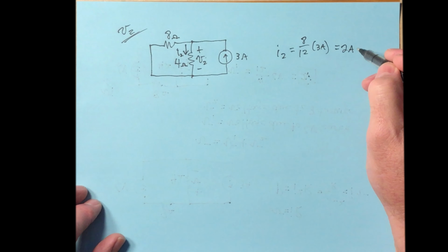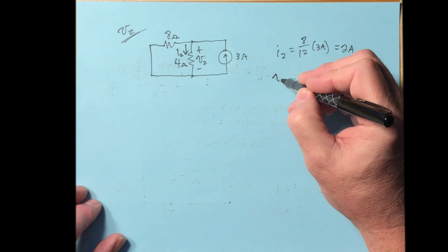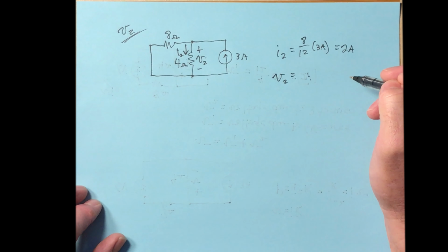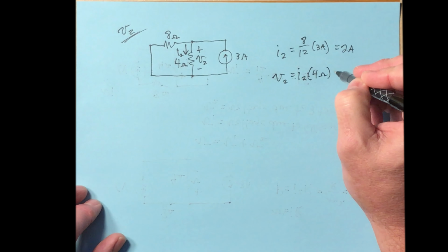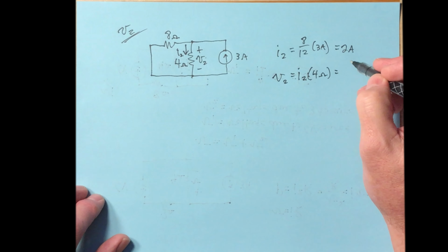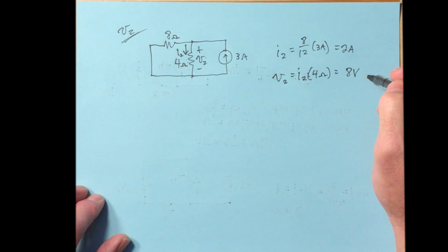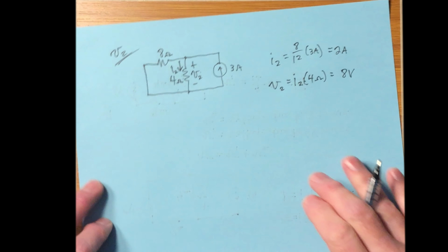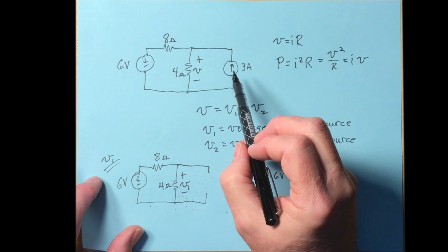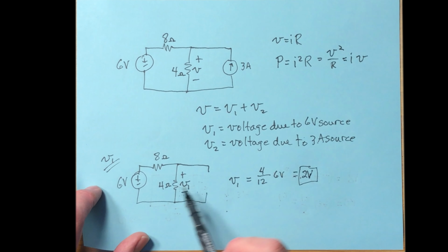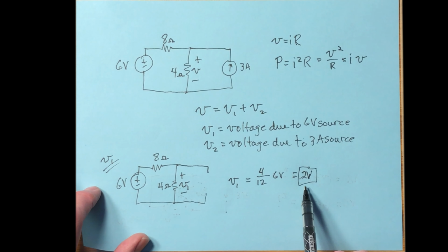And now that we've got the current by the current divider equation, then V2 is just I2 times 4 ohms. So that's 8 volts there.